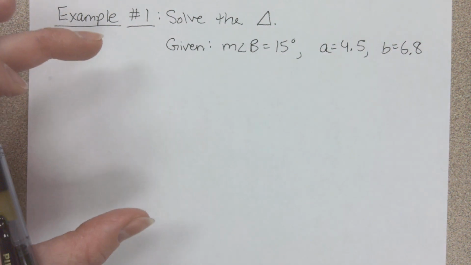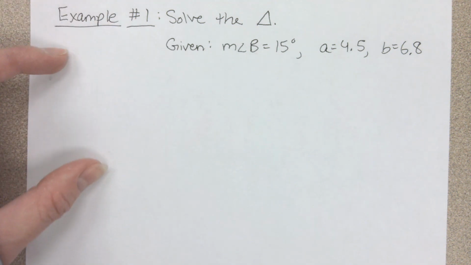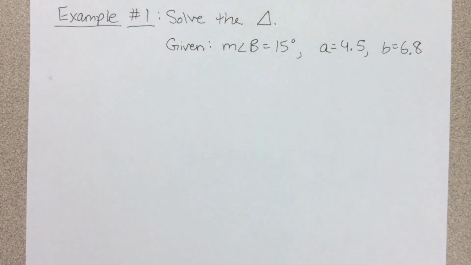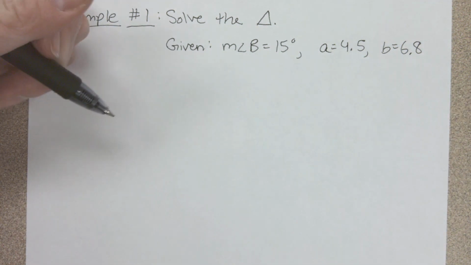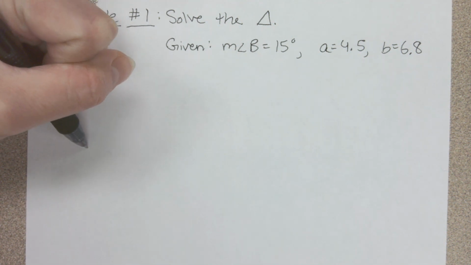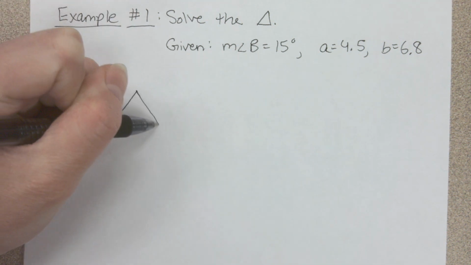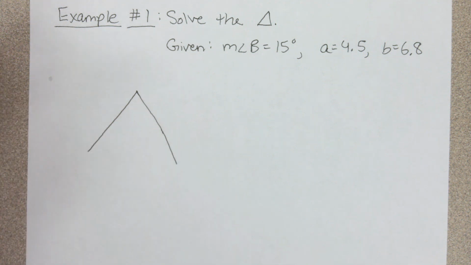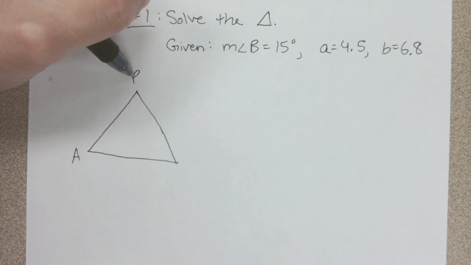So when I draw this first triangle, take up half the space tops. You're going to need the other half for a possible second triangle. I'm going to draw this the way I usually do. Triangle ABC.